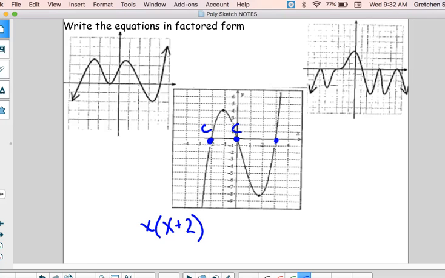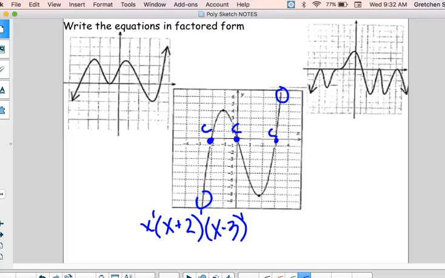3. So if it's a 3, where does it come from? What is it doing at that point? Crossing. Does it get an exponent then? No. What is the degree of this polynomial? 3. Does a degree of 3 match what our tails are doing? Yes, they're going in separate directions.